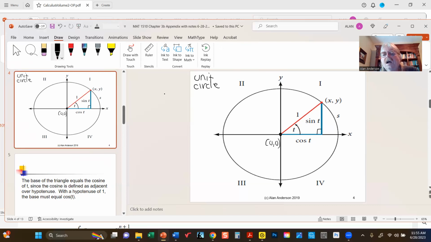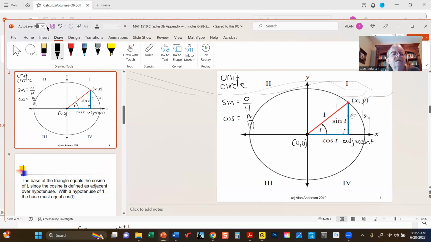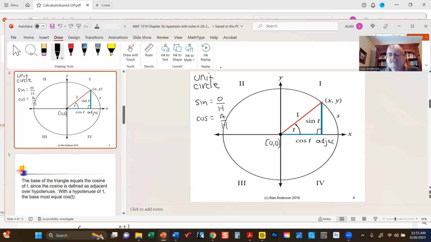Now, we're looking at angle T. So remember, sine is opposite over hypotenuse, and the cosine is adjacent over hypotenuse. So with angle T, this is the adjacent side. This is the opposite side. And this is the hypotenuse.